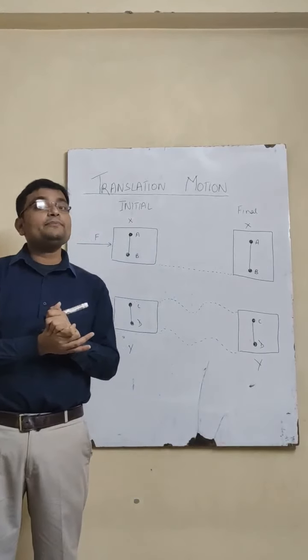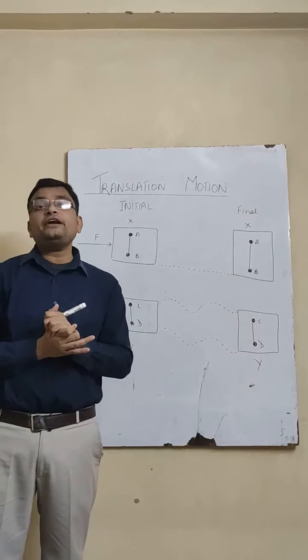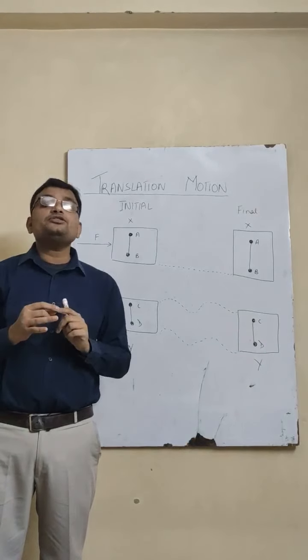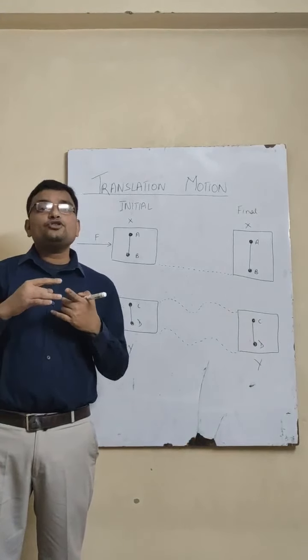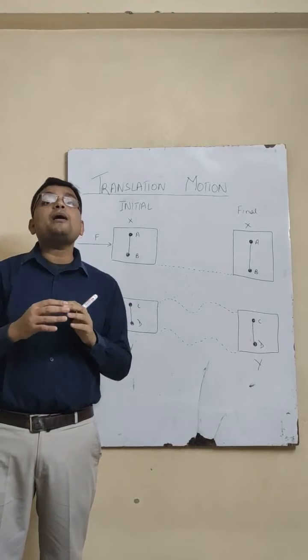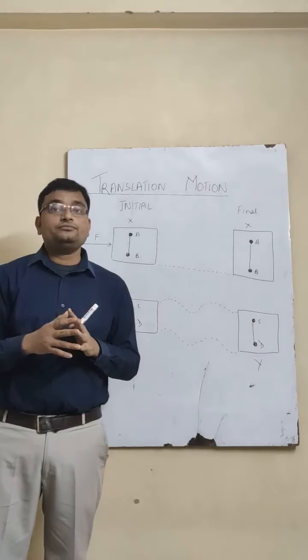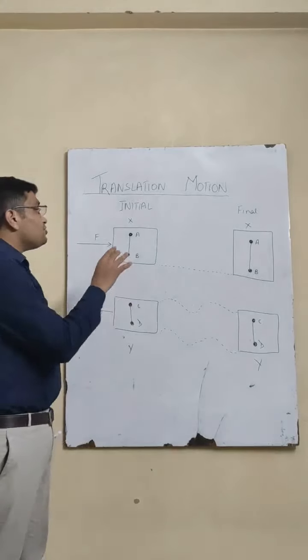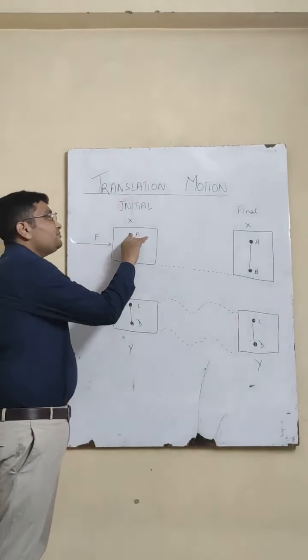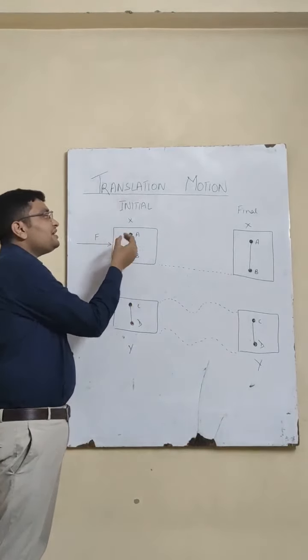Then what does it depend on? It basically depends on the line segment drawn between any two particles of that body. I have drawn a line segment AB between two particles. You can take any two particles.